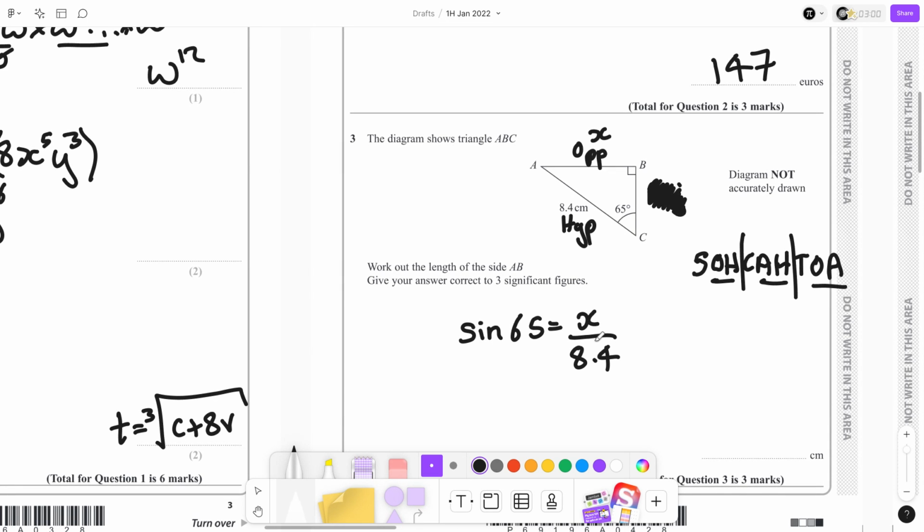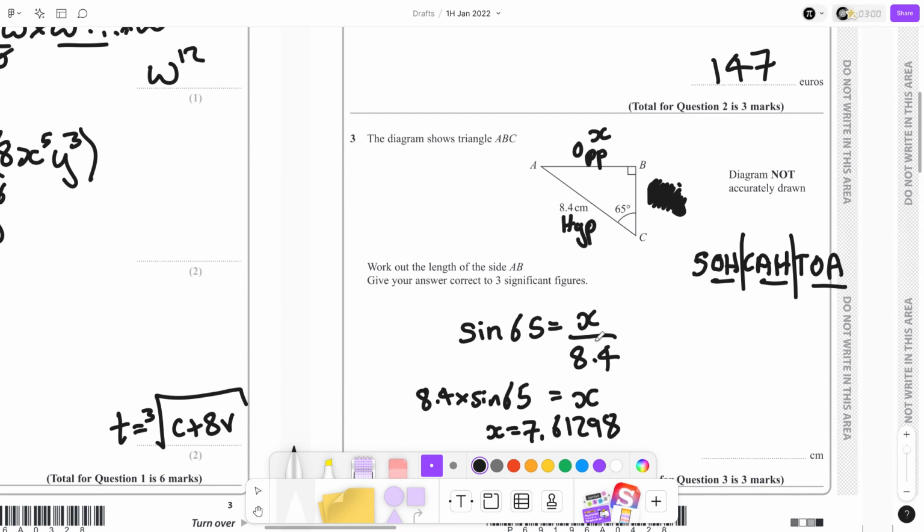So altogether, if we multiply both sides by 8.4, x equals 8.4 times sine 65, so x equals 7.61298.